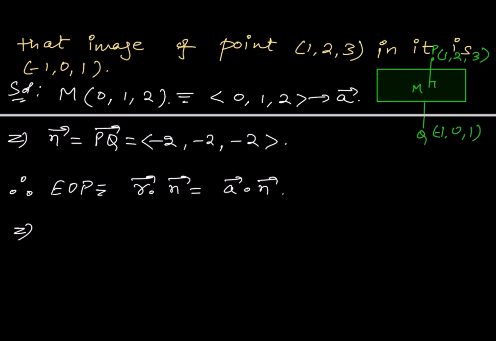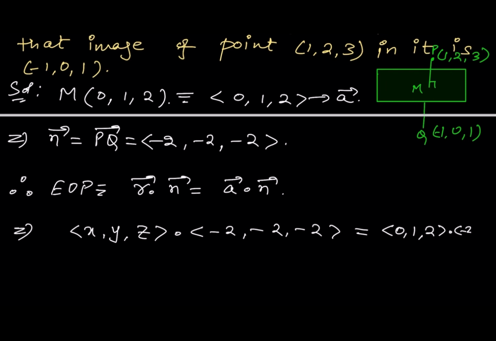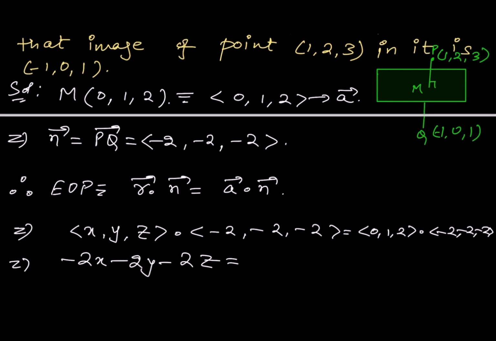So (x, y, z) dot (-2, -2, -2) is equal to (0, 1, 2) dot (-2, -2, -2), which is -2x -2y -2z is equal to 0, -2, -4.